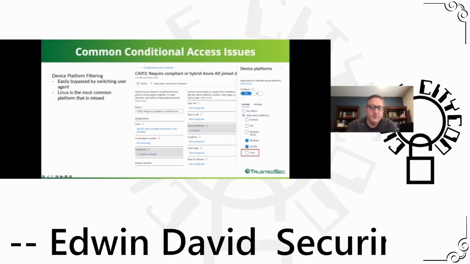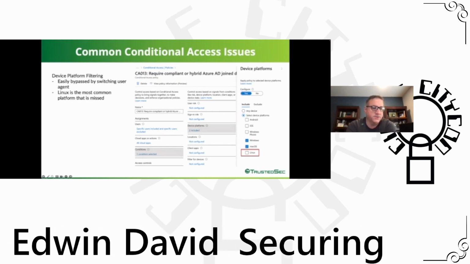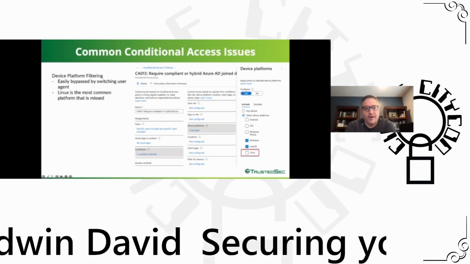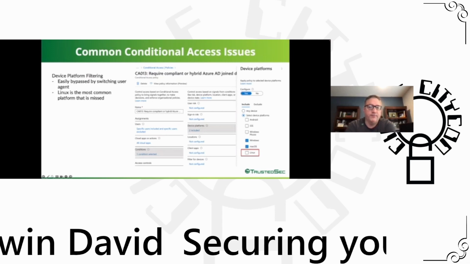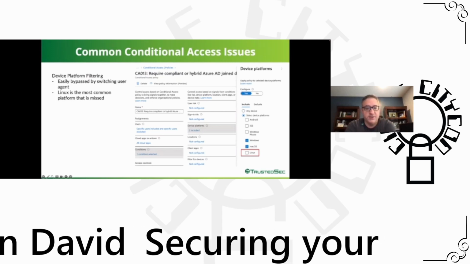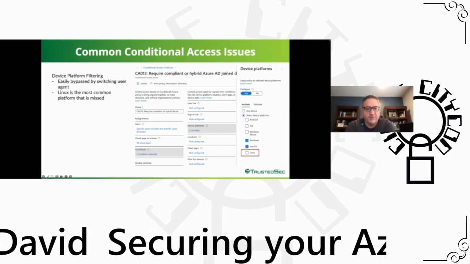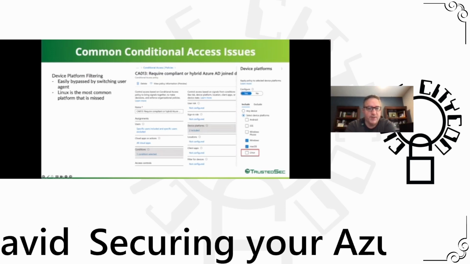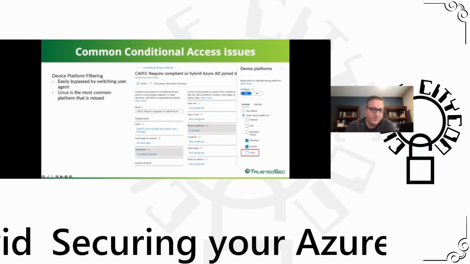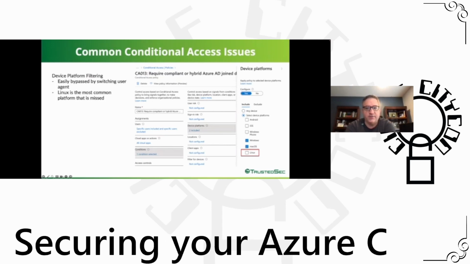It is super simple to just switch your user agent string to a Linux-based OS using something like Chrome. And then you can find yourself bypassing controls, for example if you have controls around accessing cloud workloads to hybrid Azure AD joined devices, you may find that an attacker has just slipped past that gate, because maybe they were using a Windows device or, more than likely, a Linux device to gain access into your cloud.